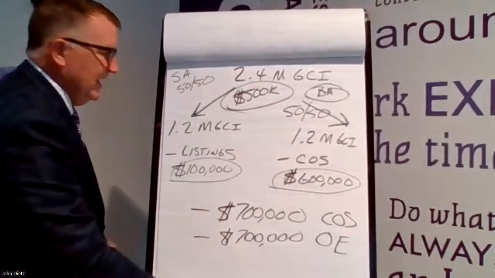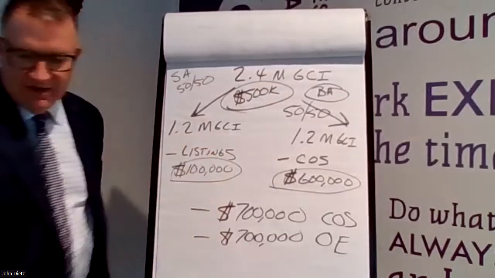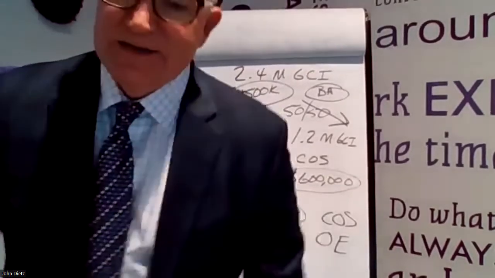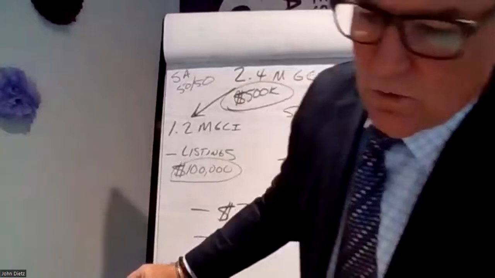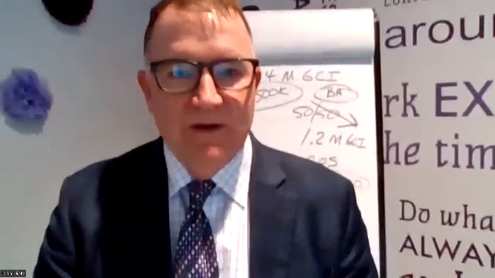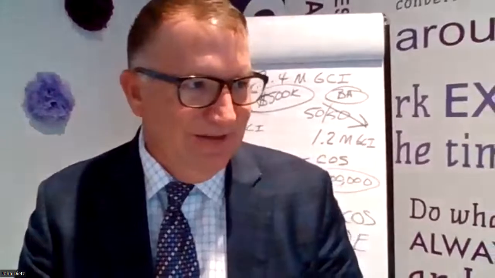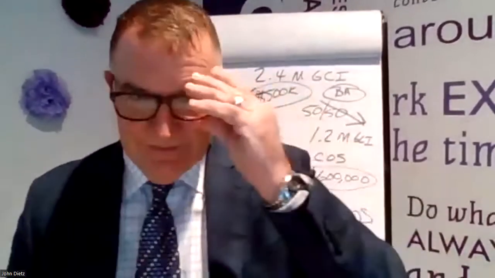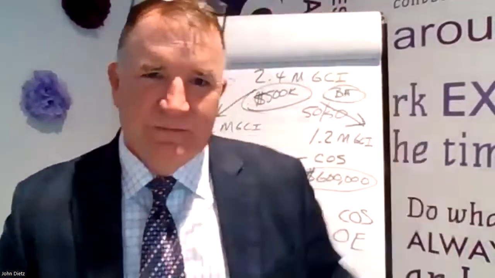Now, there's two ways that you keep your cost of sales at or around $100,000. Number one, you as a rainmaker take the majority of the listings for your team. Please write that down. Or you take all of the listings for your team.